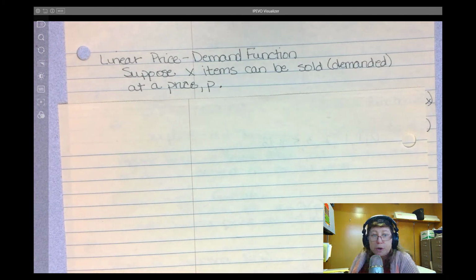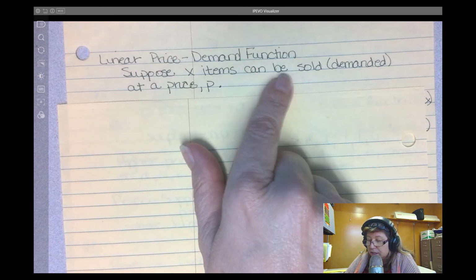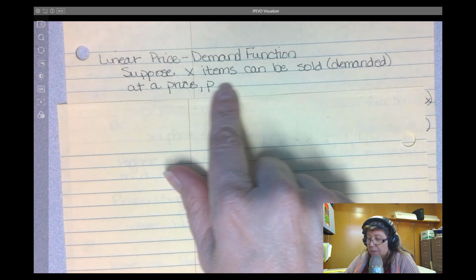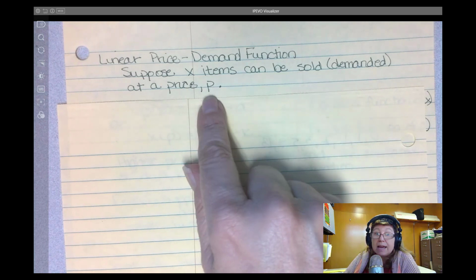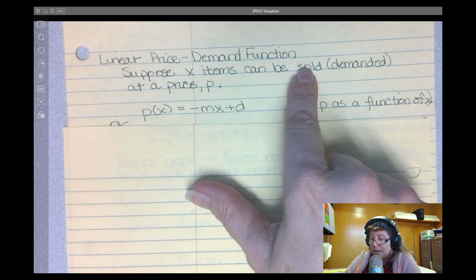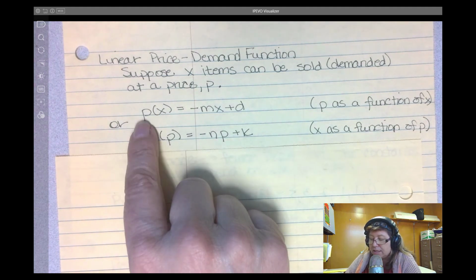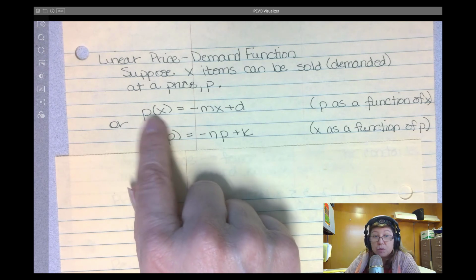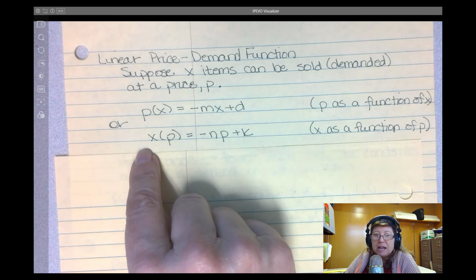Another function we work with for economics is called the linear price demand function. Suppose we have X number of items that can be sold, meaning what's demanded, at a particular price. Keep in mind that we have a couple of equations. One is the price, P of X, which is the price as a function of X. And I'll talk about the M and the D in a second.